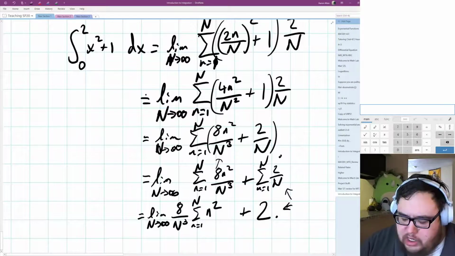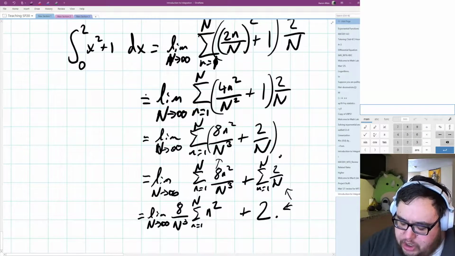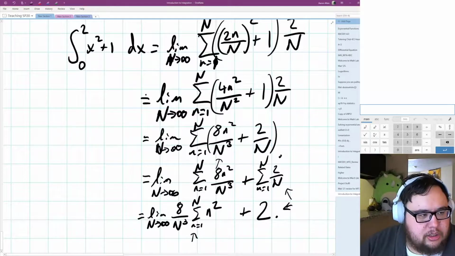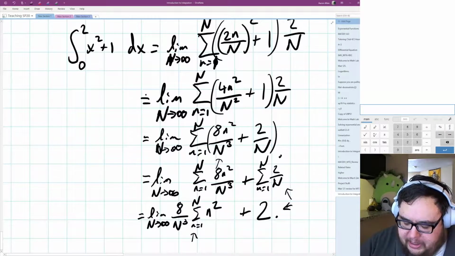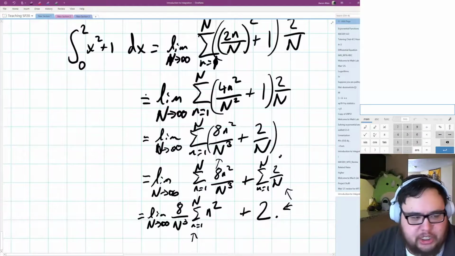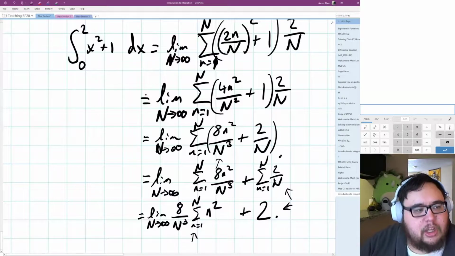So according to the index of the sum, big N is constant. We can't pull it out of the limit because it's definitely not constant according to the limit, since the limit is changing what big N is. But the sum from little n equals 1 to big N doesn't change the value of big N at any point. So big N is constant while we're evaluating that sum.